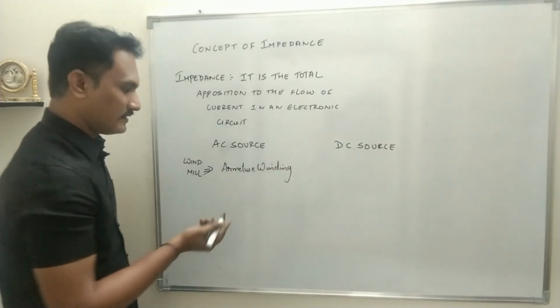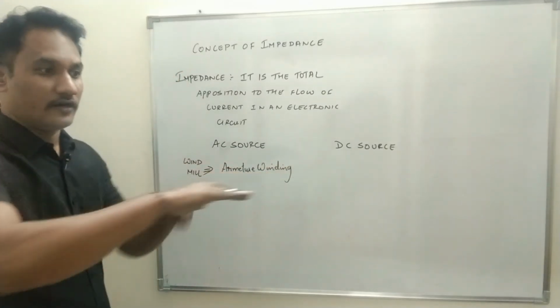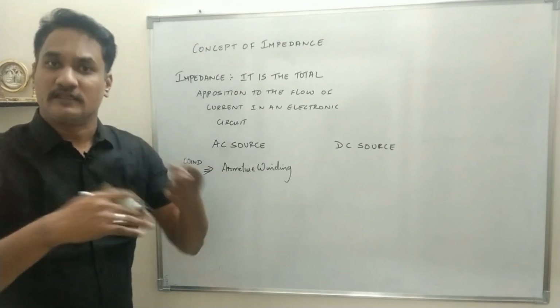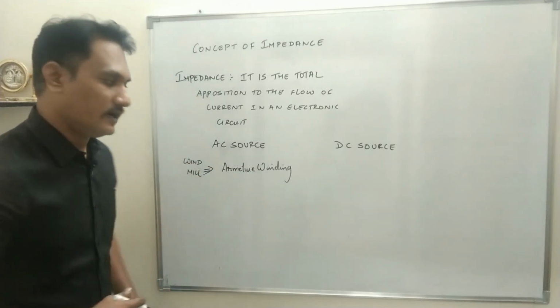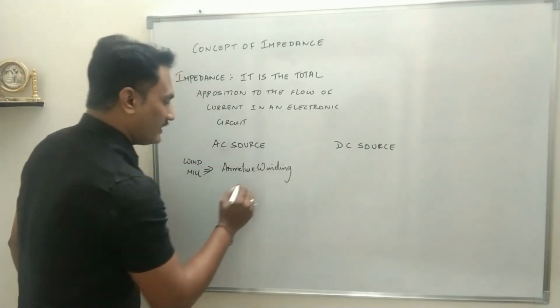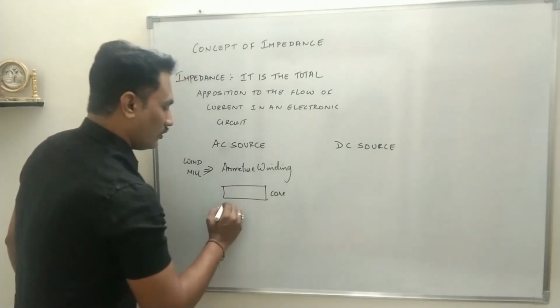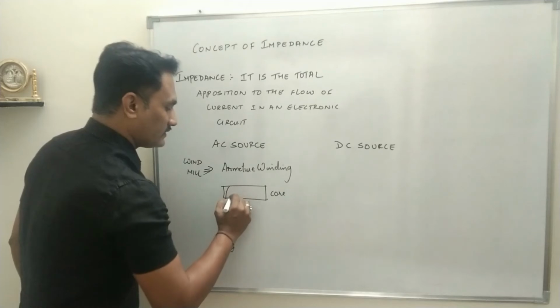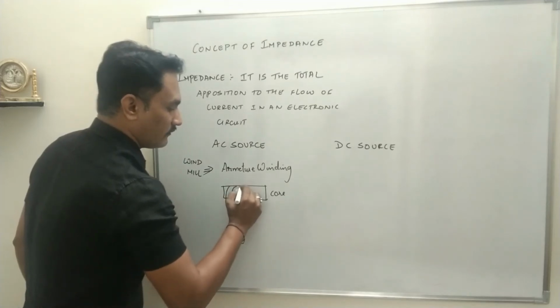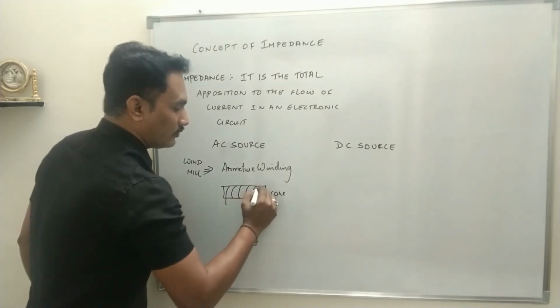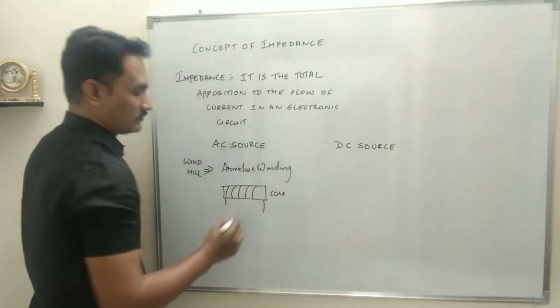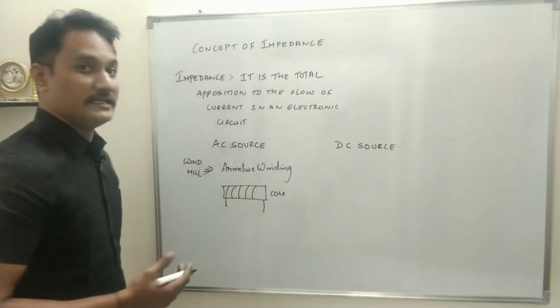What I said, it's nothing but a length of wire, a shaft on which a coil has been wound. That is what is the basic arrangement. So that armature winding consists of a core over which a coil has been wound, right? So that is what is the basic structure.